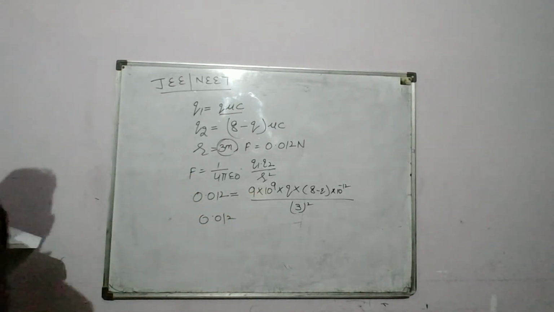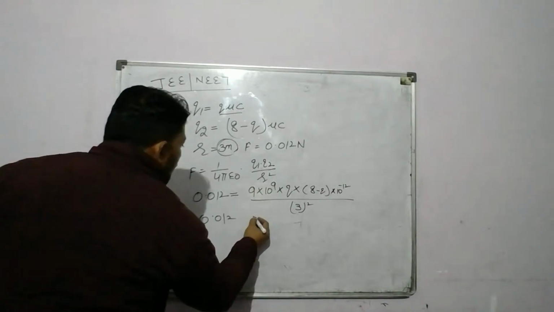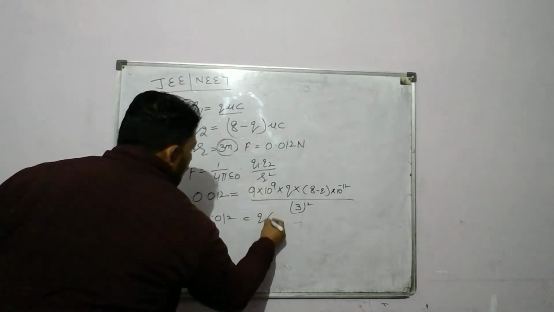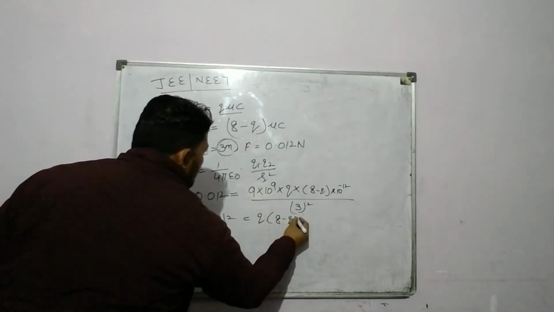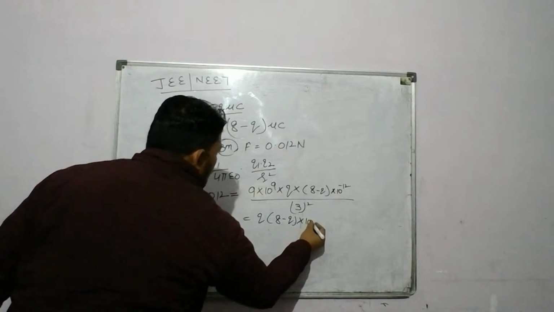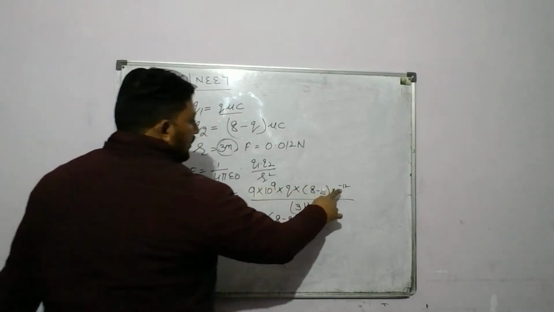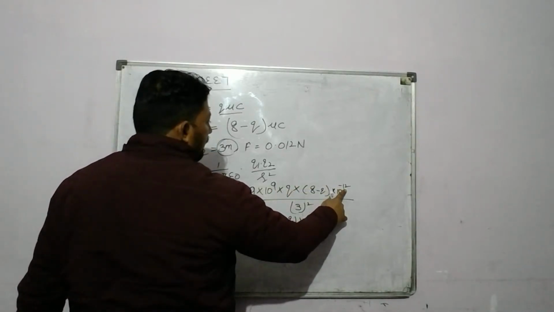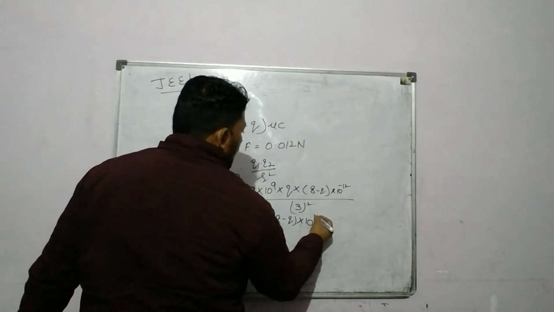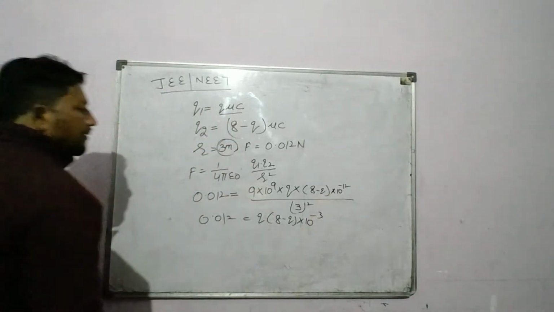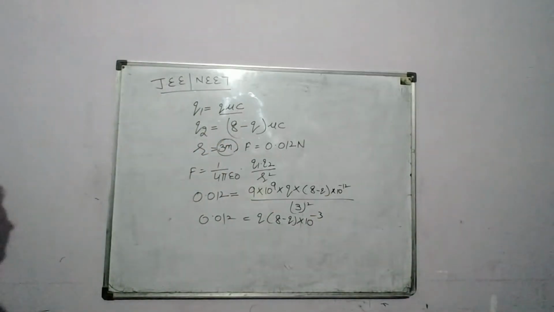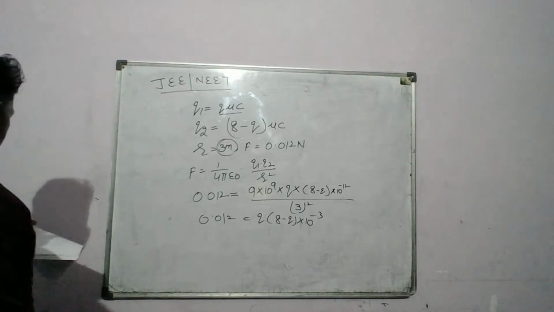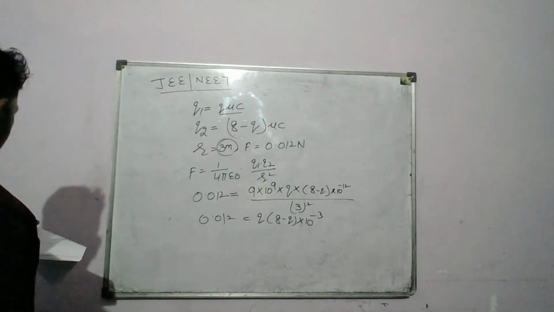So here Q into 8 minus Q into 10 raised to power 9 and minus 12, minus 3. Clear? Minus 3, 10 raised to power minus 3.